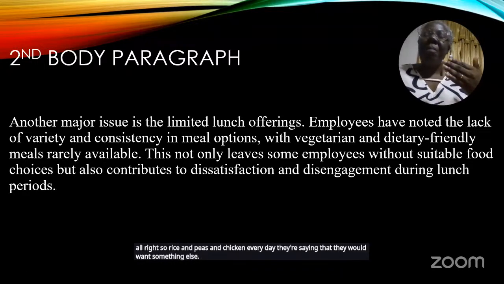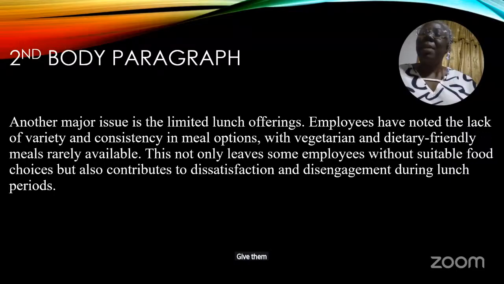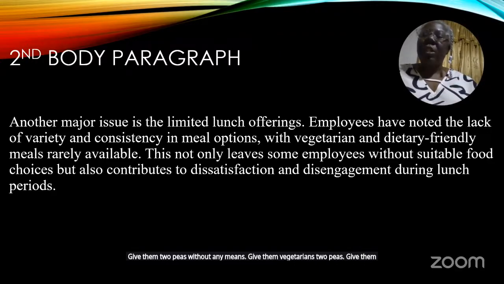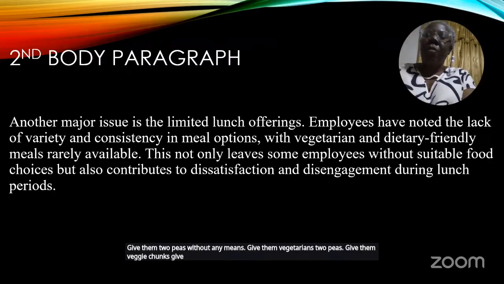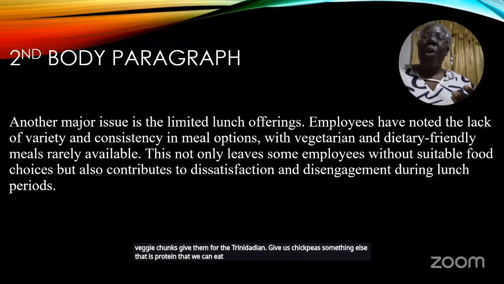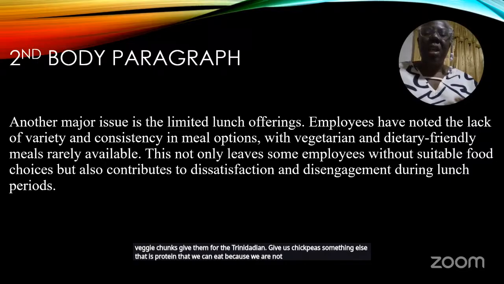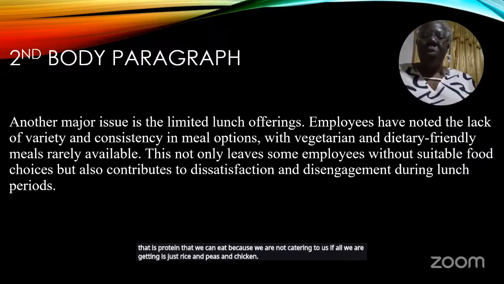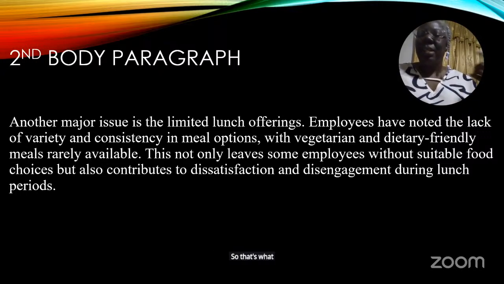So rice and peas and chicken every day, they're saying that they would want something else. Give them stew peas without any meat. Give them vegetarian stew peas. Give them veggie chunks. Give them, for the Trinidadian, give us chickpeas, something else that is protein that we can eat, because you are not catering to us if all we are getting is just rice and peas and chicken. So that's what the first sentence is saying, that we are not getting enough options to eat.